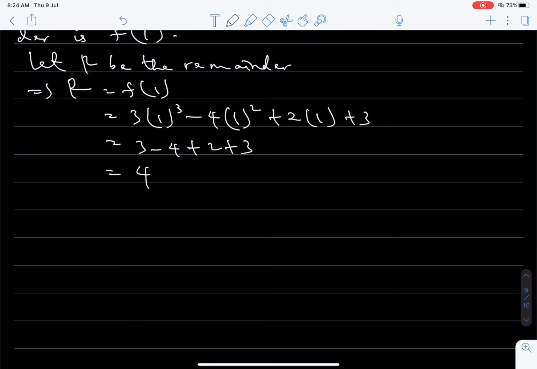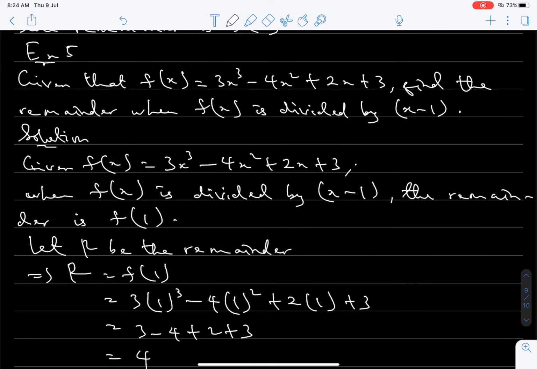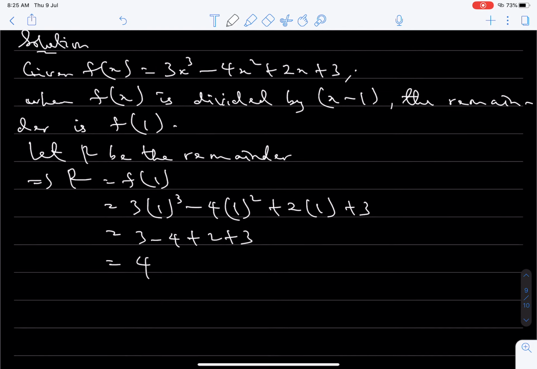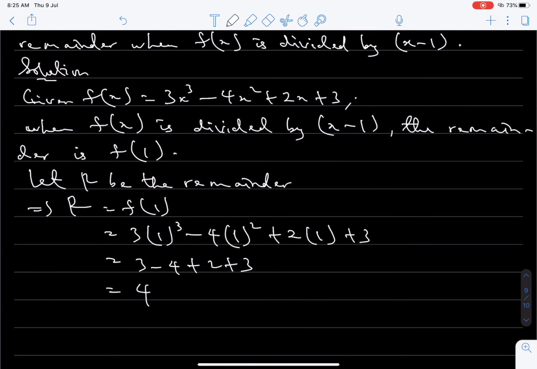That's 4. So 4 is the remainder, which is the same as f of 1 when f of x is divided by x minus 1.